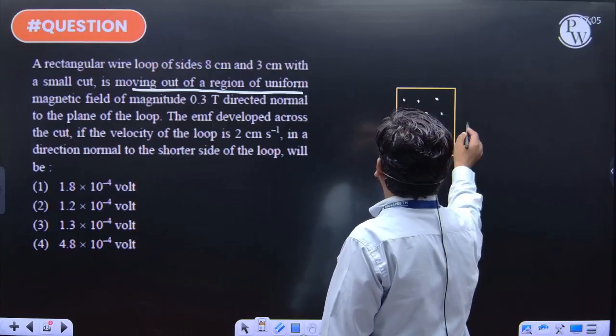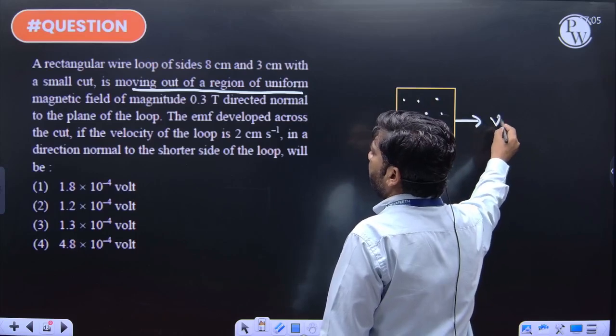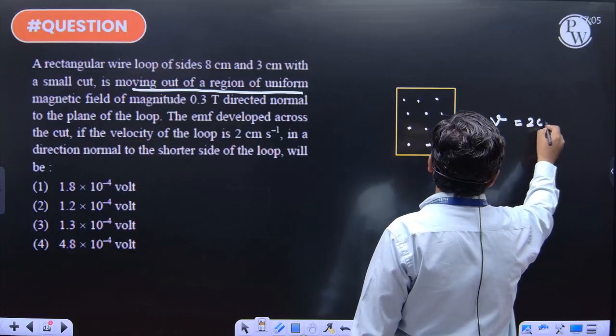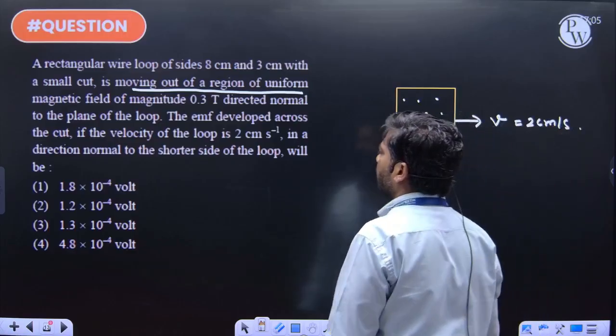It is moving out with a uniform velocity v, where v is 2 centimeter per second.